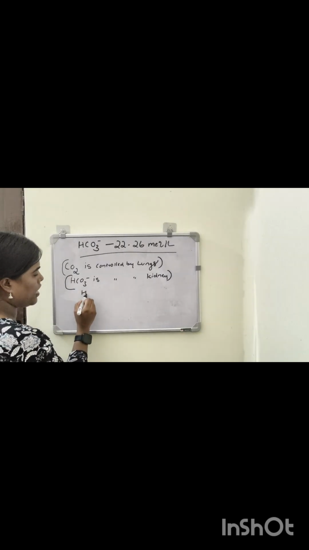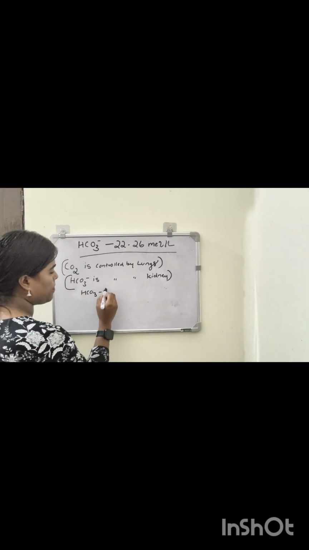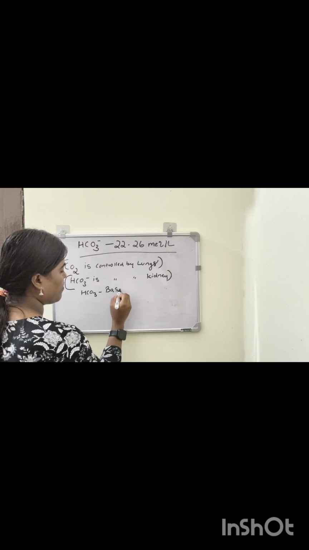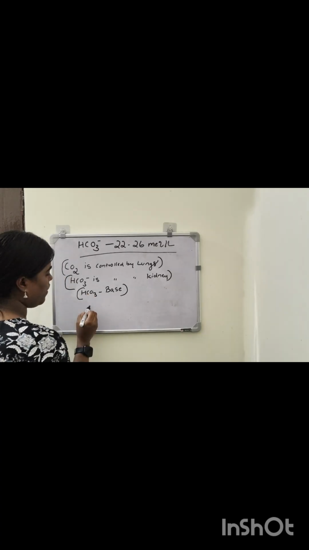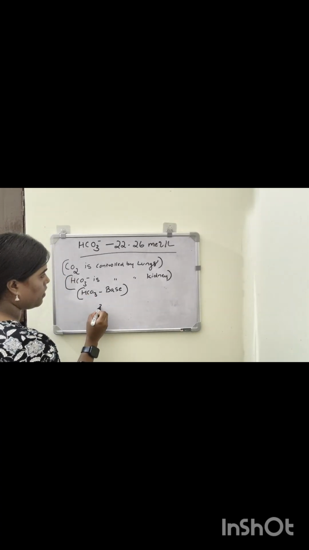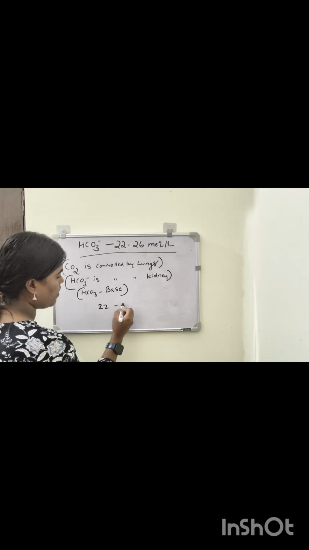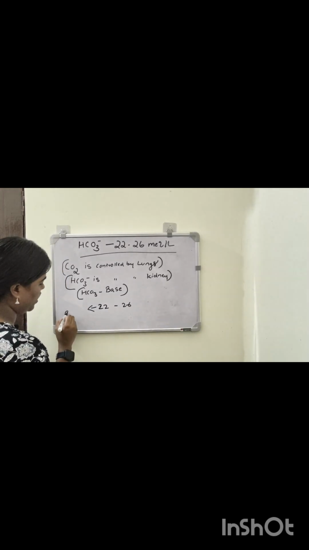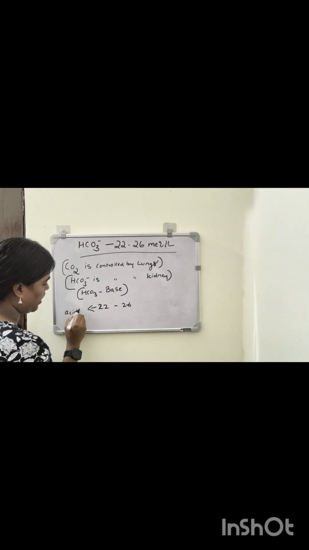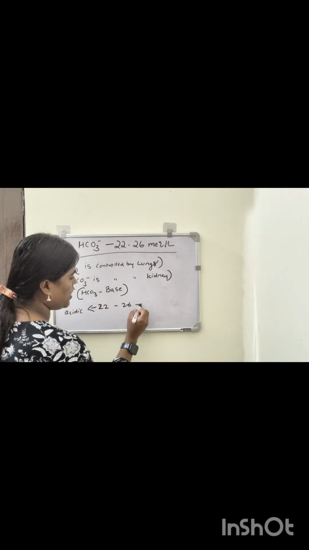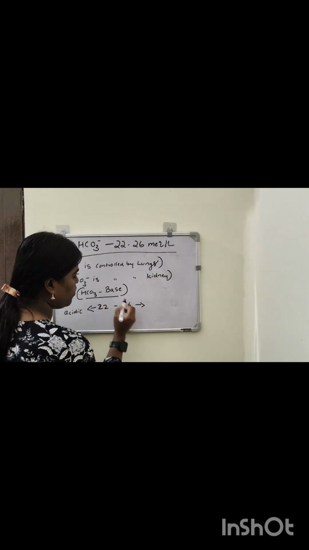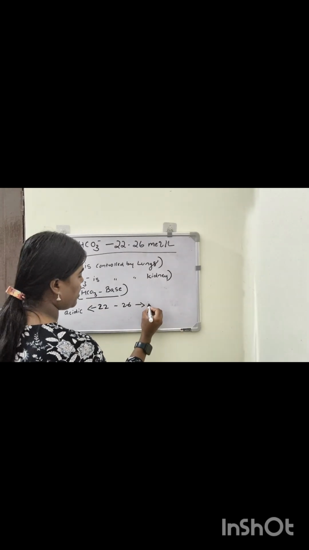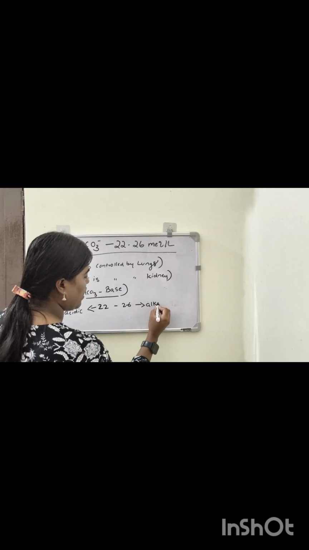The bicarb is a base. So, if the base is less than 26, that condition is acidic. If the base is more than 26, then it is alkalosis.